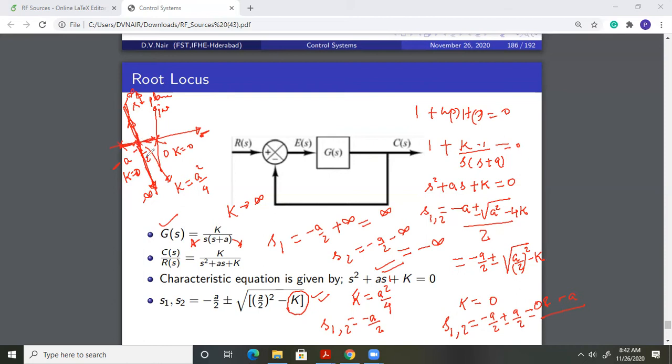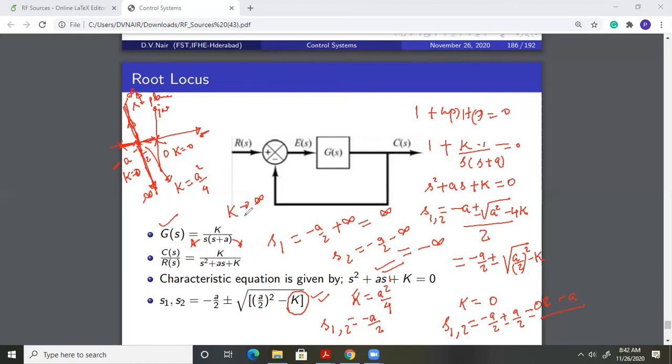The loci of roots obtained for varying a given quantity, in this case the open loop gain k, along its entire range from 0 to infinity. Now here it was easy for us to obtain this root locus, given it was a second order system.